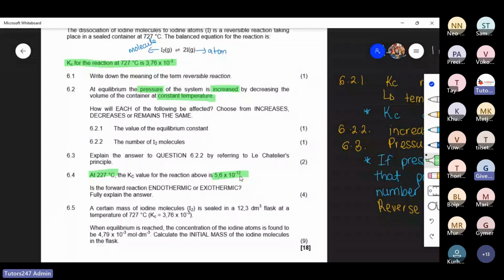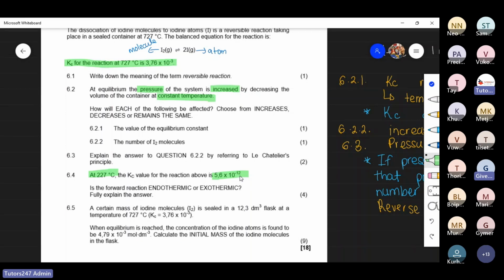So question 6.4 states, at 227 degrees Celsius, the Kc value for the reaction above is 5.6 times 10 to the power negative 12. Is the forward reaction endothermic or exothermic? Fully explain the answer.